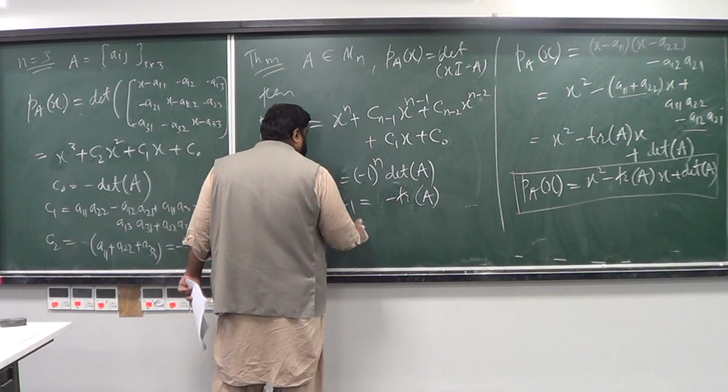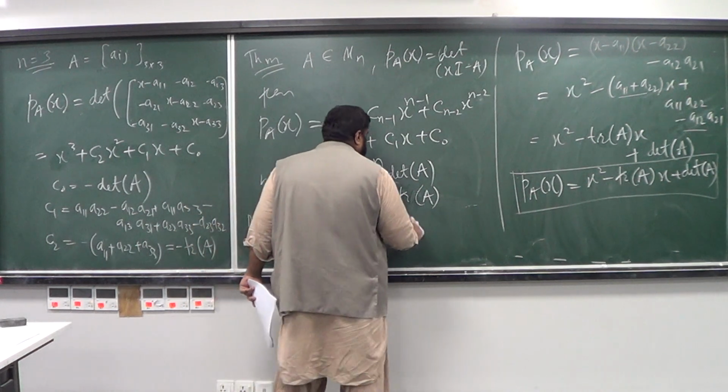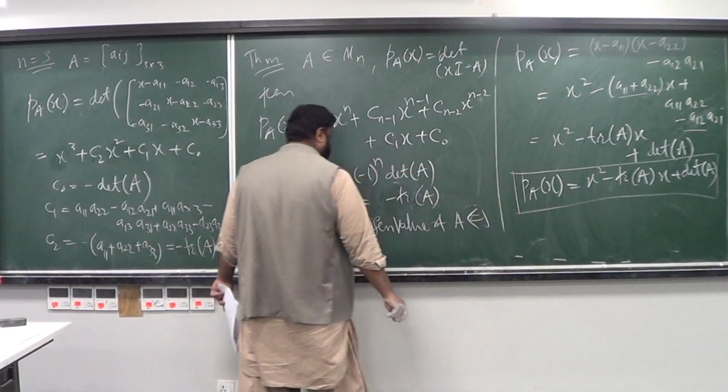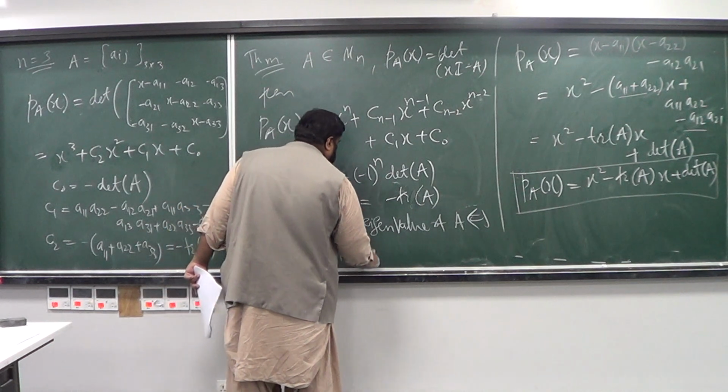lambda is going to be an eigenvalue of A if and only if it is the root of this polynomial.